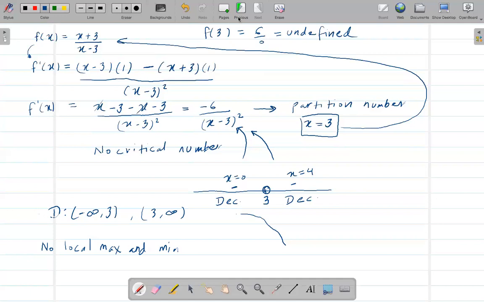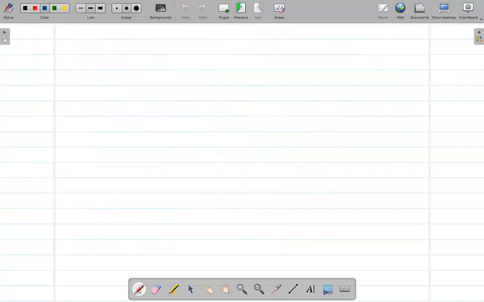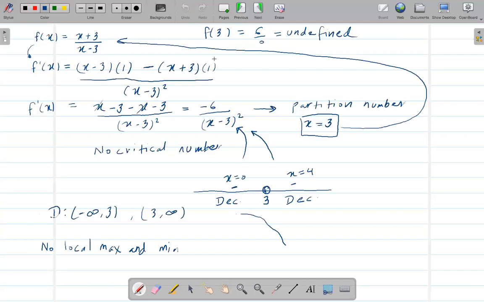All right, so now that's all for f prime. Now let's go to f double prime, and let's take f double prime first. So f prime is -6 over (x minus 3) squared, right? We found that from here.